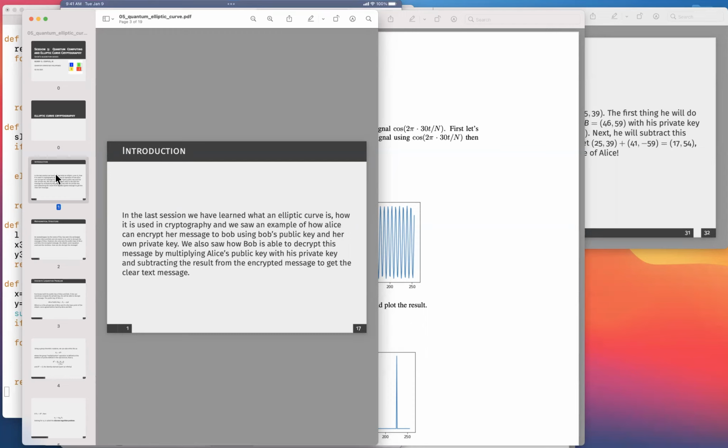So we have, as usual, Alice and Bob, the characters in our cryptography story.